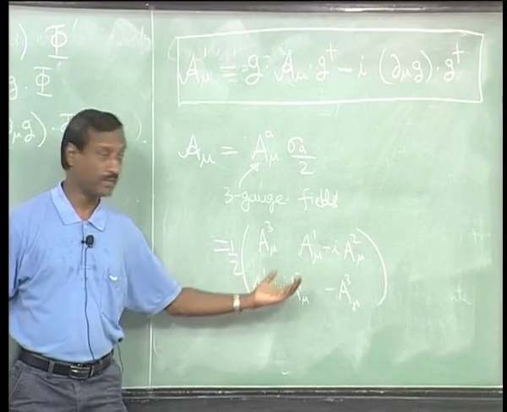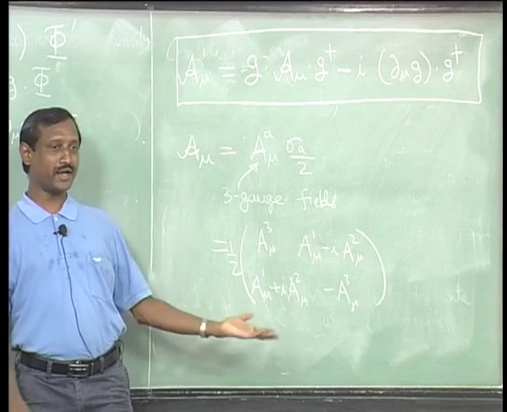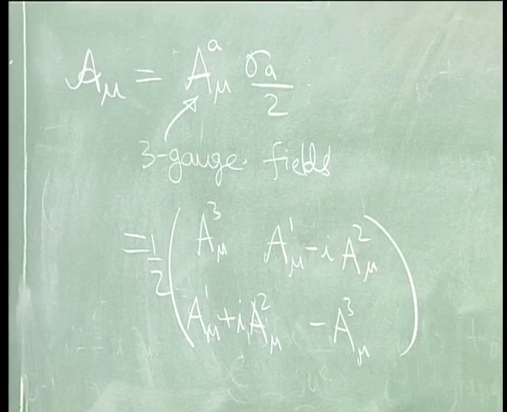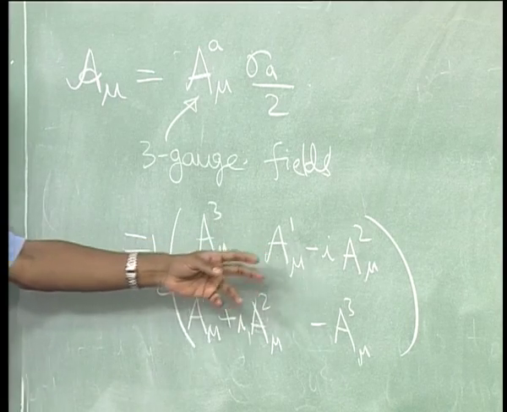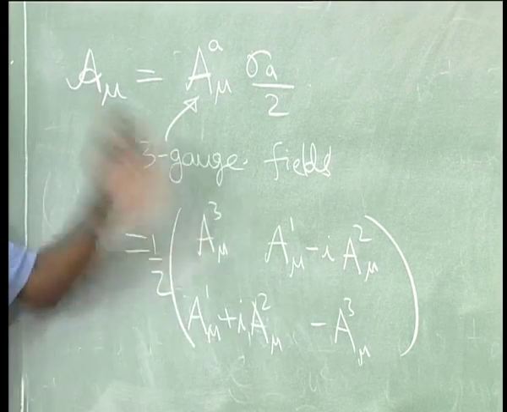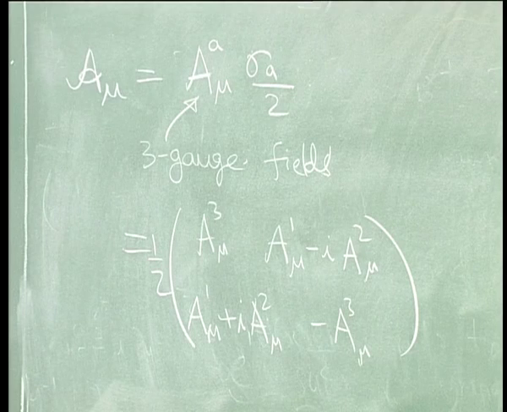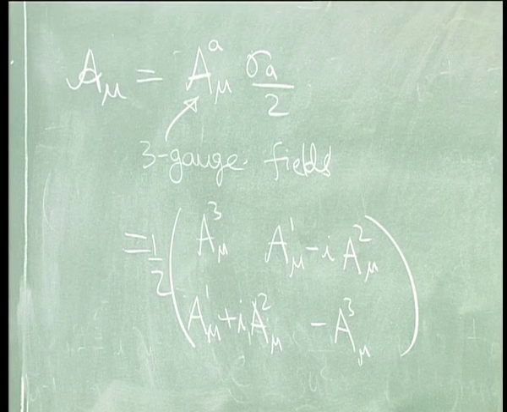The 3 guys will come, and the simplest way to check if this is correct is to switch off each one of these guys, you switch off A2 and A3, and see what you get. It should reduce to the U(1) and you will see that all these things work perfectly.